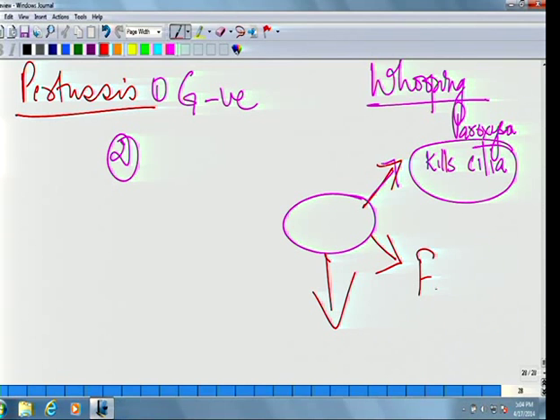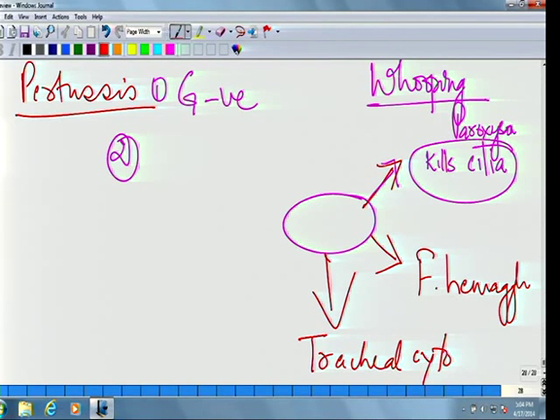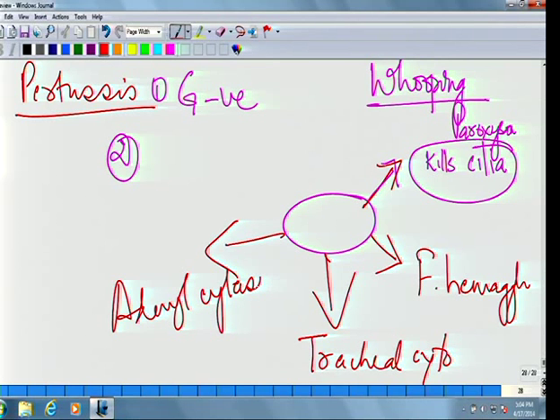So what are the virulence factors that do this? One is filamentous hemagglutinin. The bacteria adheres to cilia using filamentous hemagglutinin. Then tracheal cytotoxin. Third, adenylate cyclase, and another toxin, pertussis toxin.